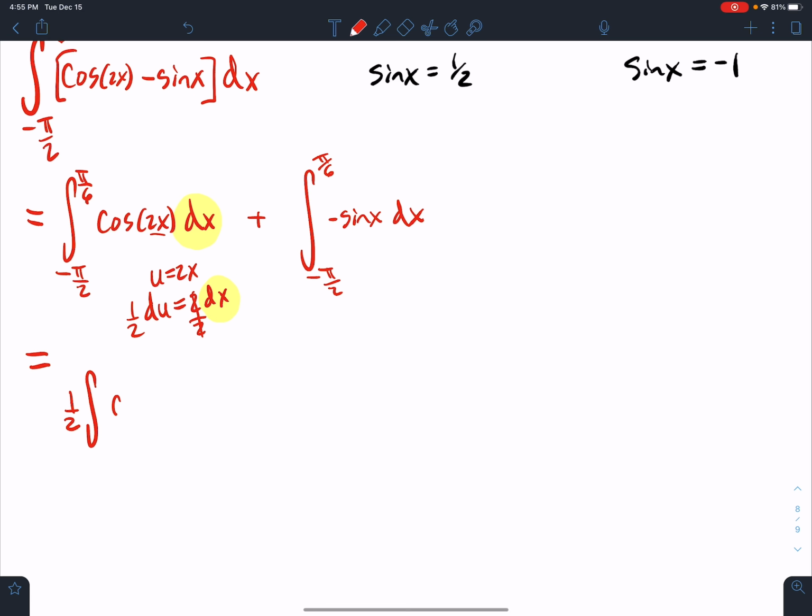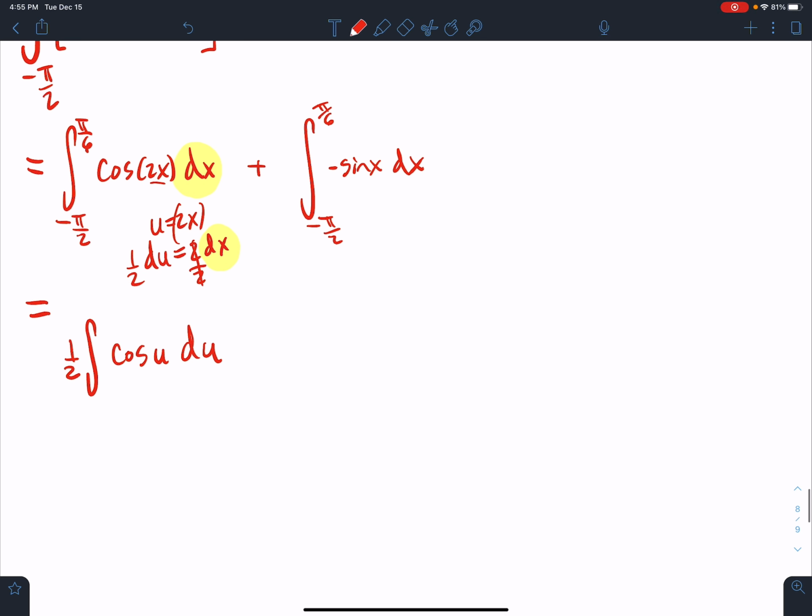And so that's going to be cosine u du, or replace u with 2x. Then here I can integrate negative sine as cosine, evaluated from minus pi over 2 to pi over 6.